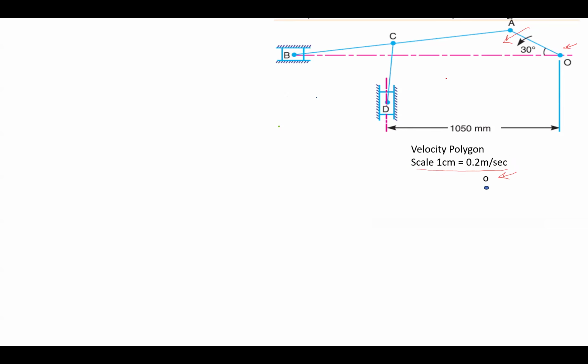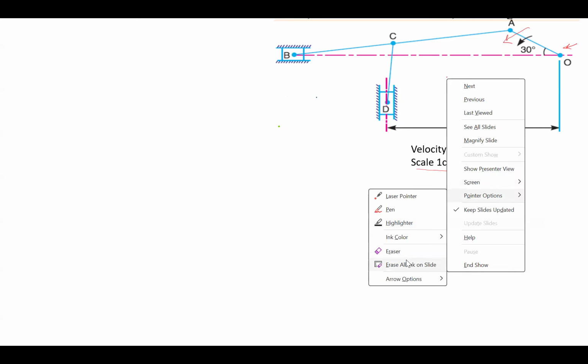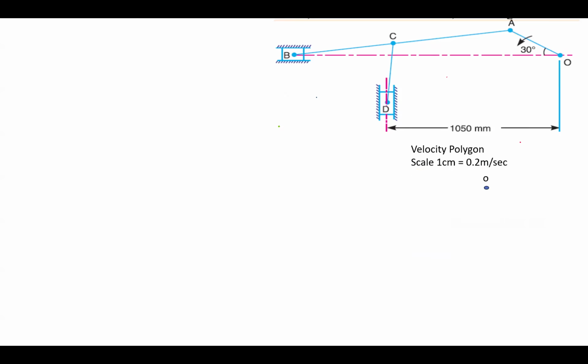Now the velocity vector for the first link OA must be drawn from one of the points, O or A, which should be available here. So OA is available. We are going to draw a perpendicular line to OA in this direction because the crank is rotating in the anti-clockwise direction.